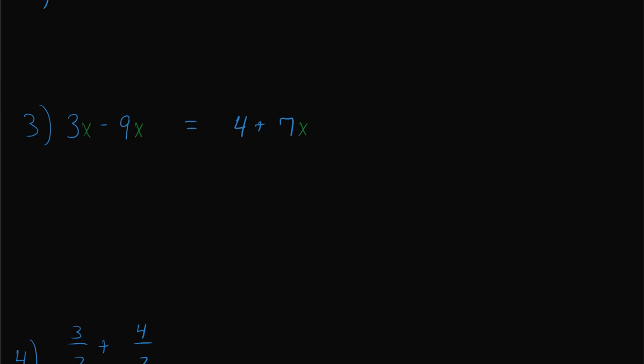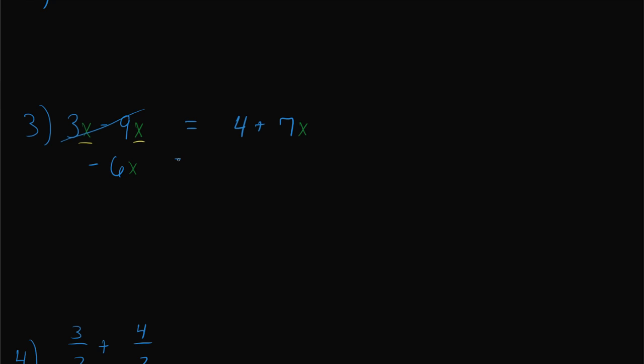Okay, so on the left side, we have a 3 with an x attached to it, and a 9 with an x attached to it. So what we can do is just combine those. So 3 minus 9 is going to give us a negative 6, and you have to write the x. The x has to come along. So negative 6x is what this left side would simplify to.